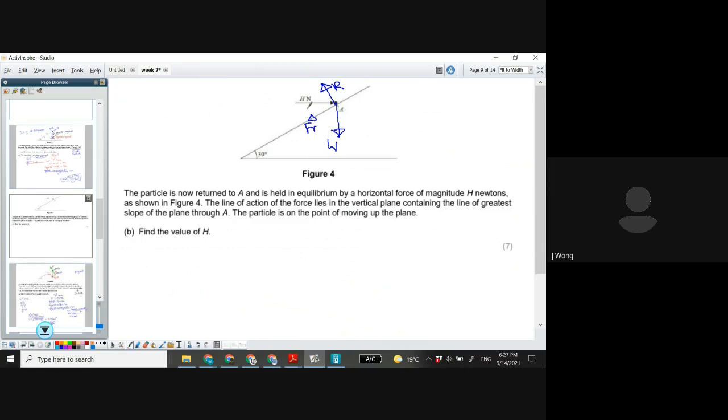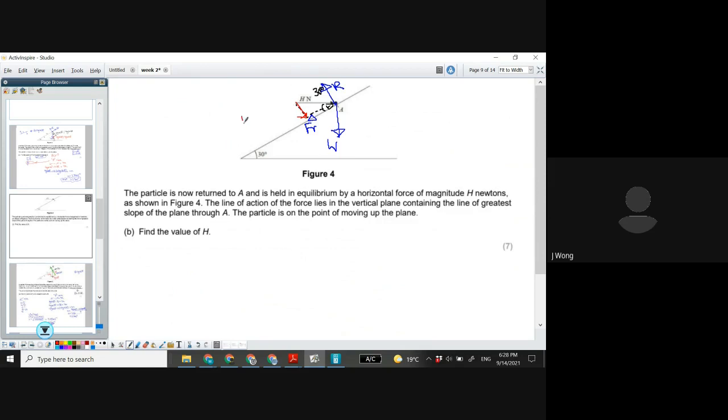Same case, we would like the forces to be parallel to the plane and perpendicular to the plane, so we resolve this force here. Since alternate angles, this is 30 degrees. You will resolve H into these two components. Again, your teacher might do it slightly differently, that's fine.